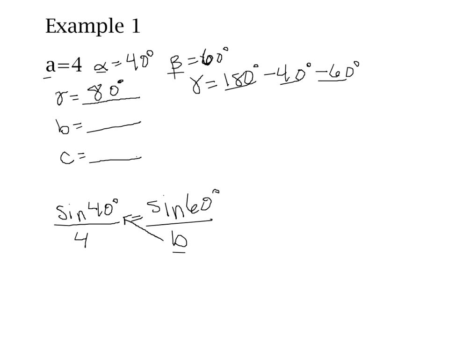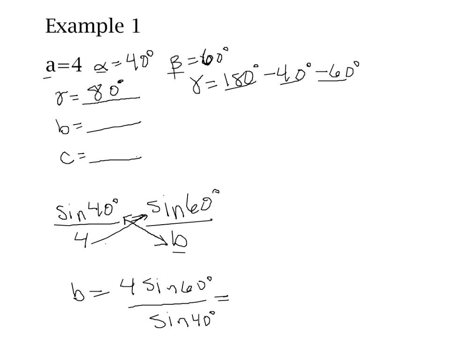Now I use cross multiplication here, so the B comes up and the sine 40 goes down. The 4 comes up, and I get B equals 4 sine 60 degrees over sine 40 degrees. And that gives me 5.39.